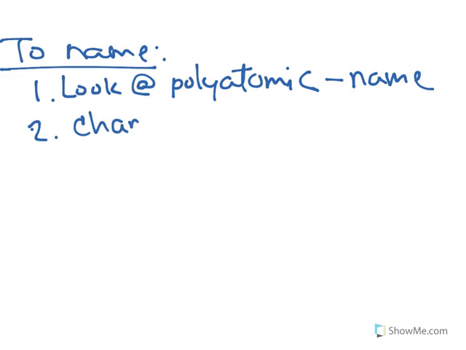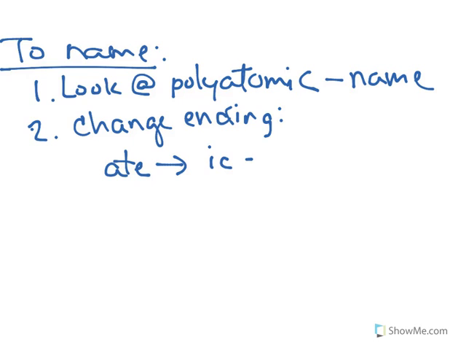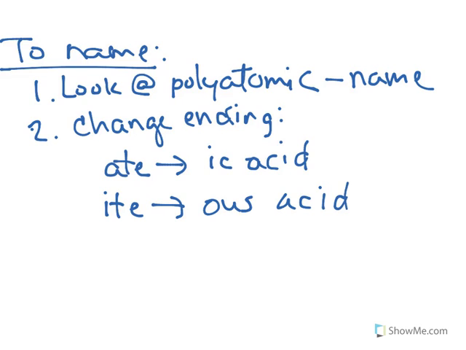Then you're going to change the ending. And again, there's more than one way to do this. If the polyatomic ends in ATE, you're going to change that to an IC acid. If the polyatomic ends in an ITE, you're going to change that to an OUS acid. And that's it. You're going to leave it alone after that.